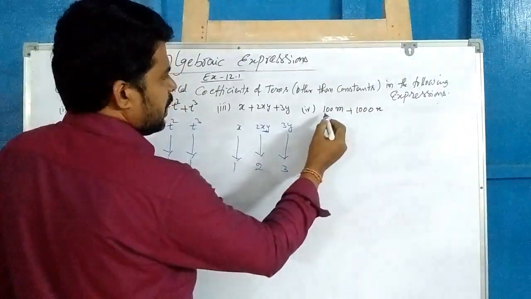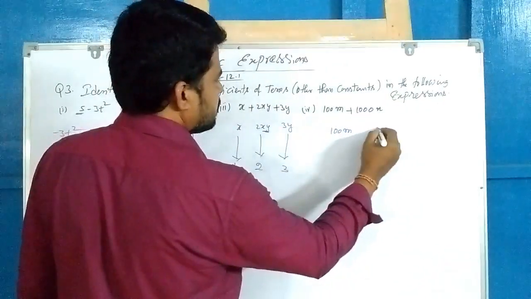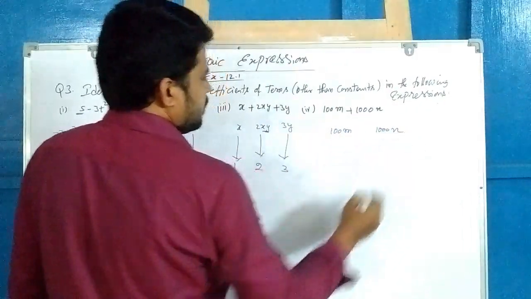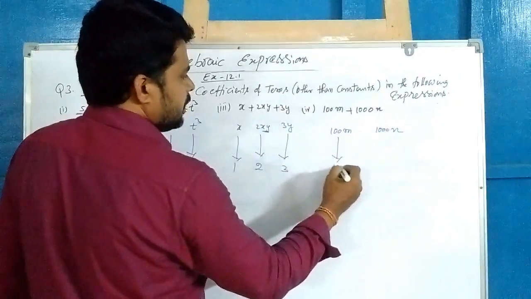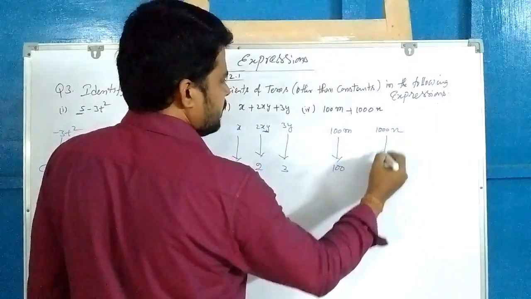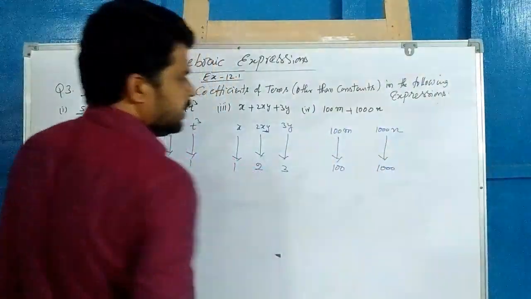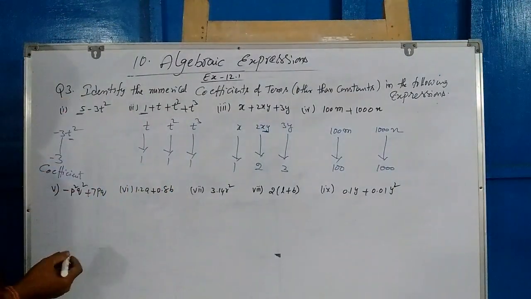Now fourth one, 100m plus 1000n. Here also we have two terms. So 100 into m, m is multiplied with 100, so 100 is the coefficient. 1000n, so n is multiplied with 1000. So 1000 is the coefficient of n. Same, the third problem, we have another four sums or five sums.